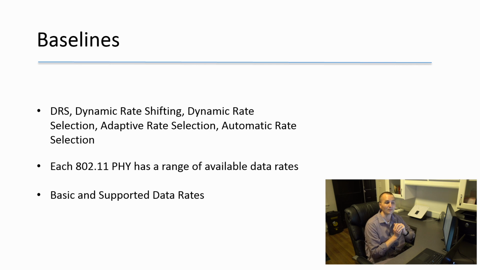So if we use a real scenario, let's say we had a classroom of 30 iPads. Let's call it the iPad Air 2, which is a 2x2, 2 spatial stream 802.11ac tablet. And let's say we're using 20 megahertz channel widths. In that case, it has the capability of doing 173 megabits per second of a data rate.